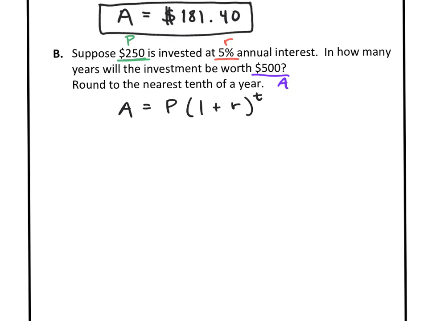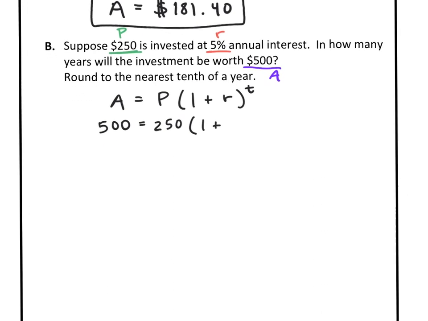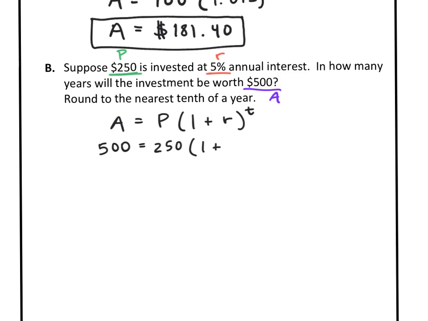Okay. So let's plug in everything that we have, right? A is 500. P is my initial investment of 250. 1 plus R. What I want to remind you guys again is, how do I change a percentage into a decimal? 5% becomes 0.05.